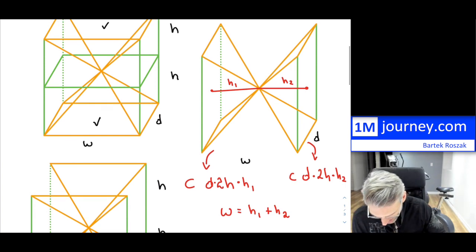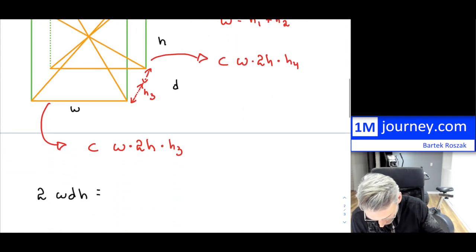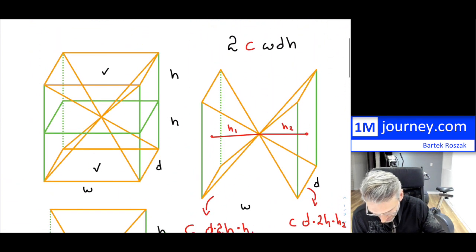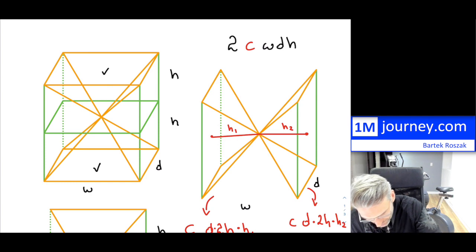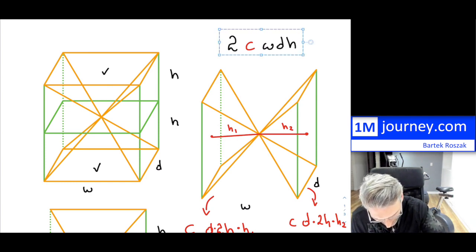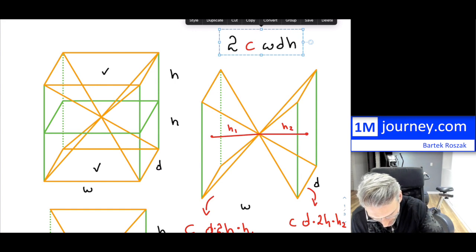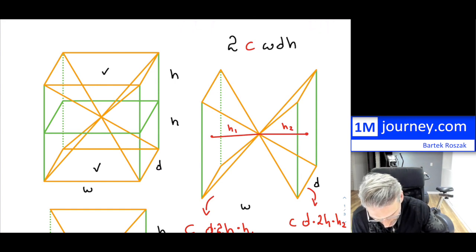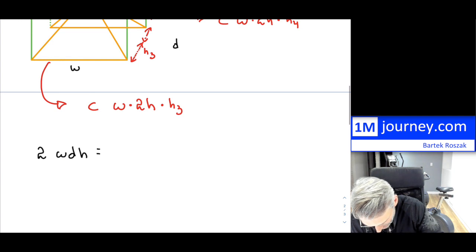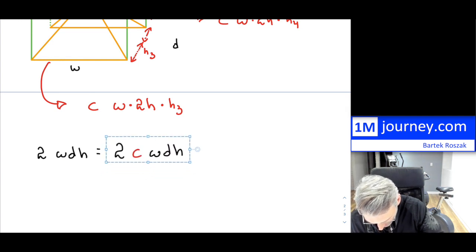Now I have 2 of them, so I'm going to just copy it, bring it down, so let's paste it right there.